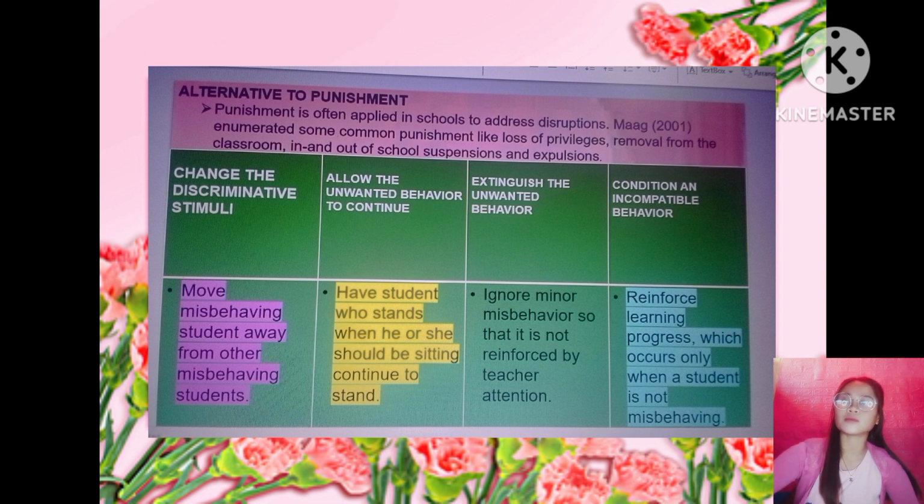In changing the discriminative stimuli, move misbehaving student away from the misbehaving student, and allow the unwanted behavior to continue, have student who stands when he or she should be sitting continue to stand, and extinguish the unwanted behavior, ignore the minor misbehavior so that it is not reinforced by teacher attention. In conditioning an incompatible behavior, reinforce learning progress which occurs only when the student is not misbehaving.